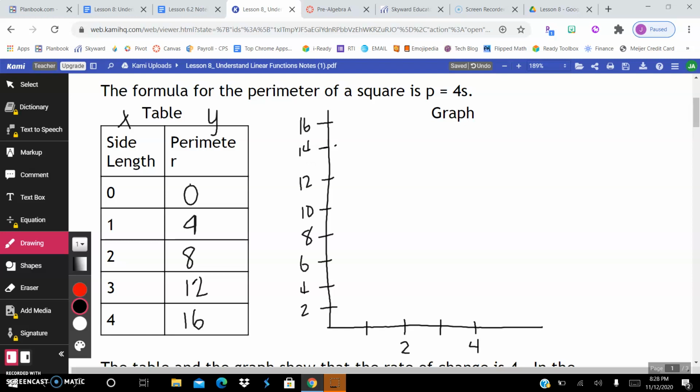And our first point is 0, 0. And then over 1 up 4, over 2 up 8, over 3 up 12, and over 4 up 16.